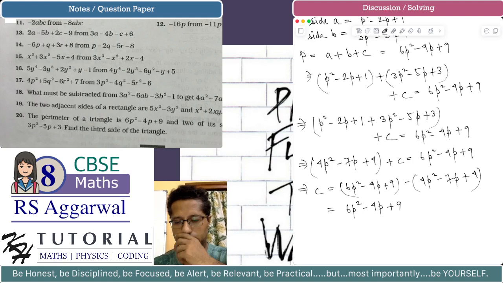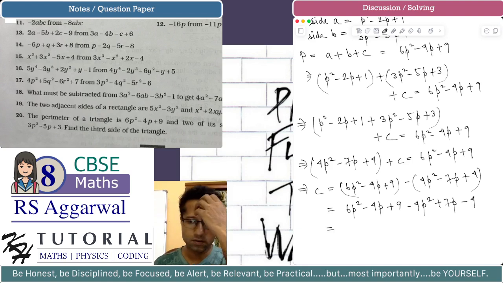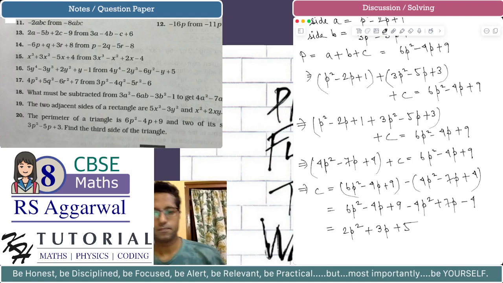So my 4p square will become minus 4p square, minus 7p will become plus 7p, and plus 4 will become minus 4. So now we again group the like terms and add them. So we have 6p square minus 4p square, that is 2p square. We have minus 4p plus 7p, that is plus 3p, and we have plus 9 minus 4, that is plus 5. So this is the final result.